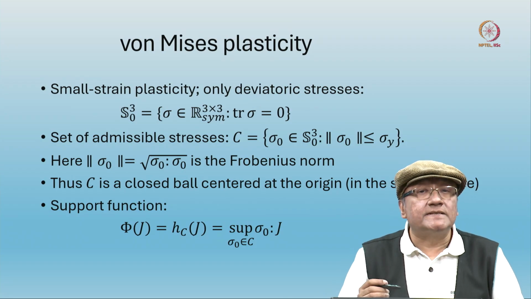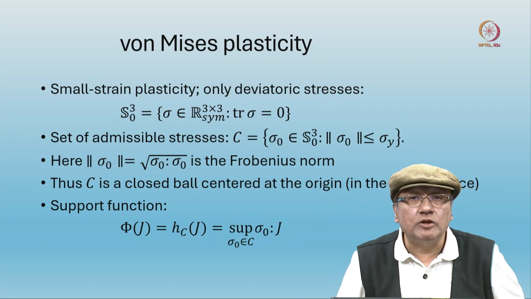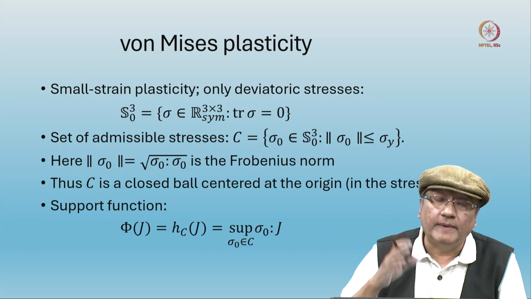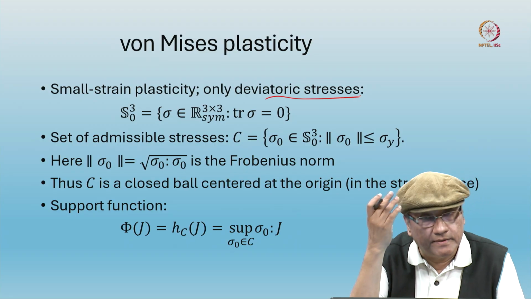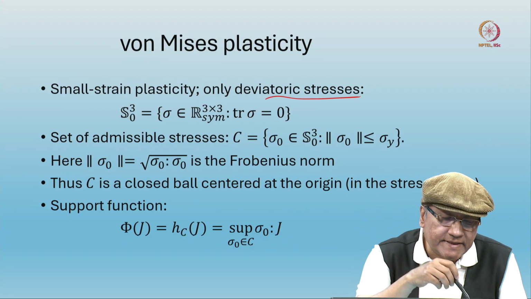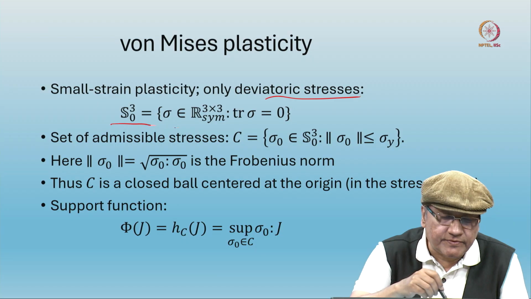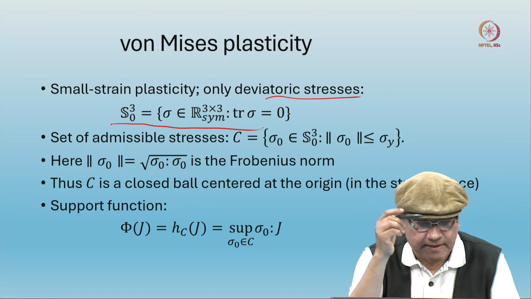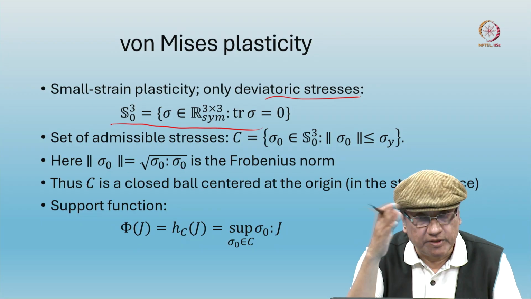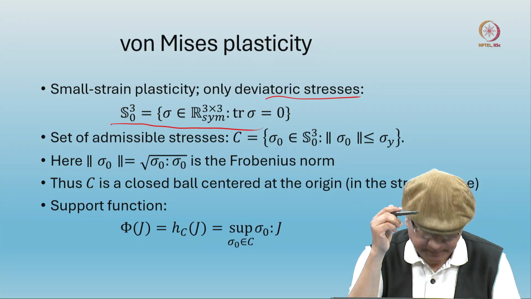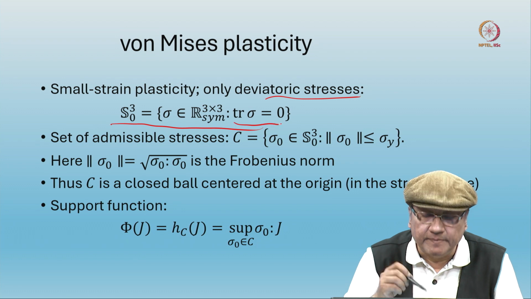Let us take the simplest case, which is the small strain plasticity of the von Mises type. So, only deviatoric stresses, because this is nearly incompressible. So, let us consider the set of all such deviatoric stresses, script S03, which is all sigma, the stress belonging to 3 by 3 matrices of the symmetric type, such that the trace of the matrix is 0.